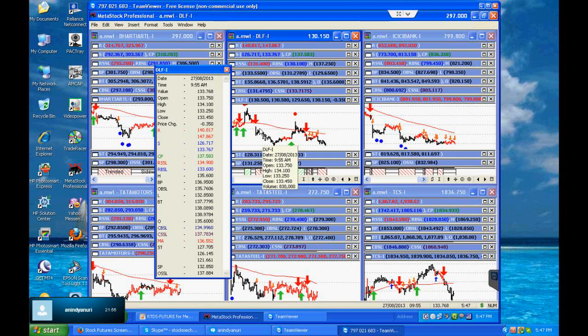The target was not attained, but I could have gotten out with some profit. But as I made a low of 130, RSSL comes down to 132. As I move up, my RSSL comes down to 131.45, and my trade completed at around 130, 131.